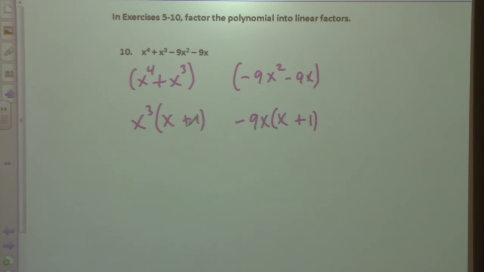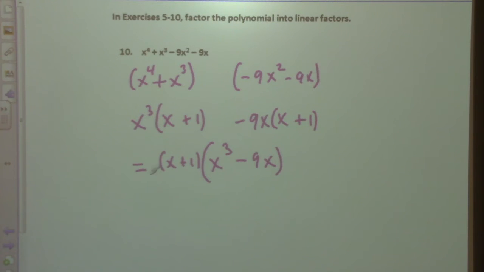Yes, we do. This x plus 1, right? So here's our x plus 1, and we multiply that by x cubed minus 9x. And now can we continue with our factoring? Yes. What is our common factor of this thing here?